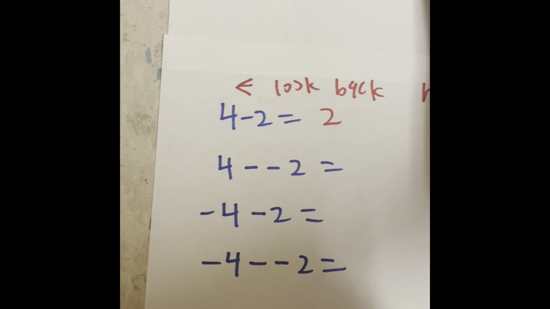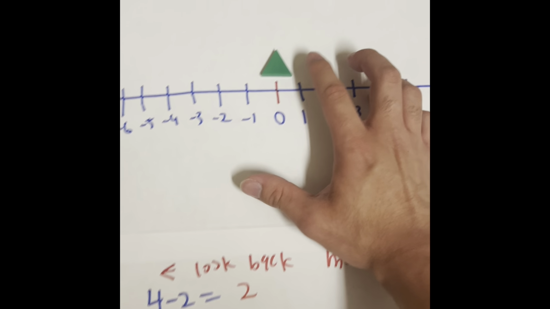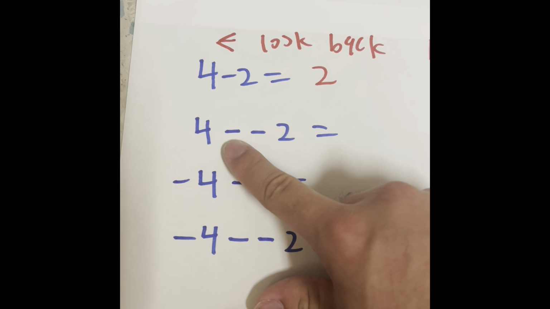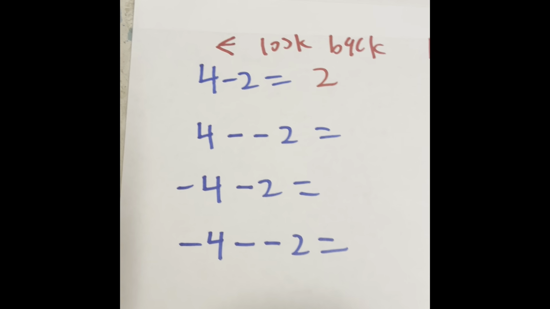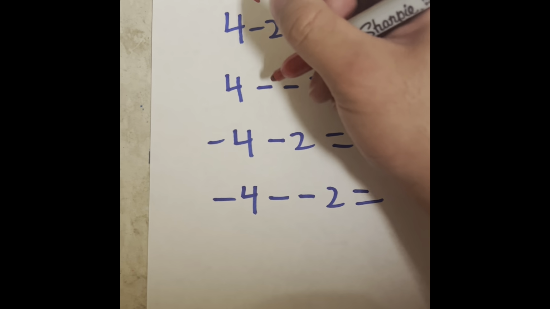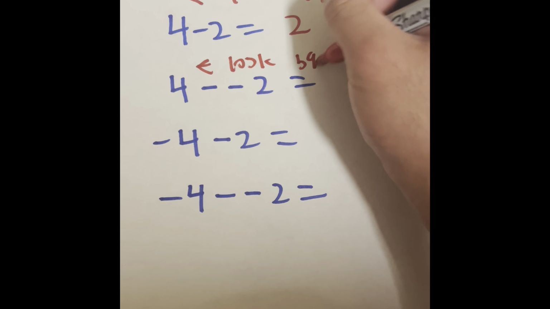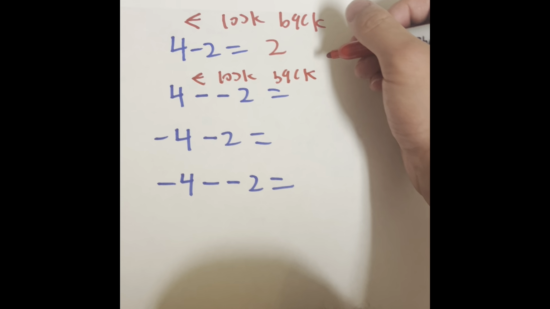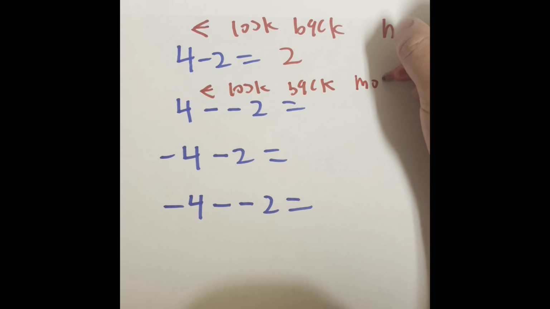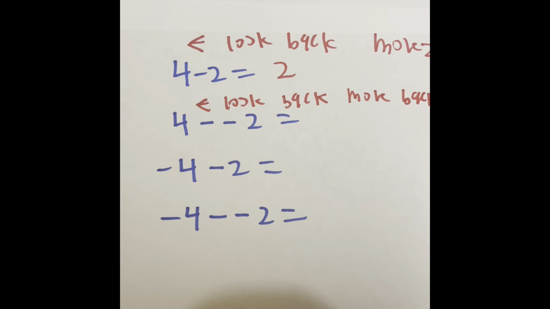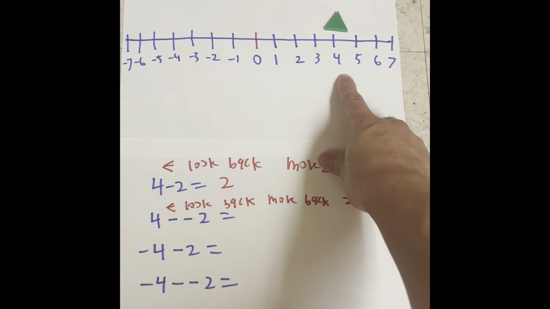New problem. We have a 4. 1, 2, 3, 4. But you have a negative and a negative and a 2. So the first one tells us we're going to look back. Then we're going to move backwards by 2. So we're at 4 right now.